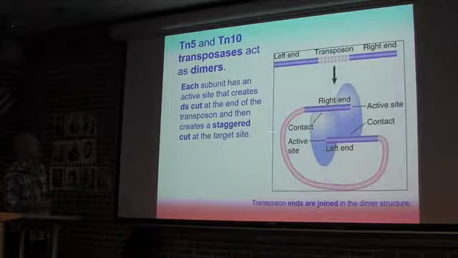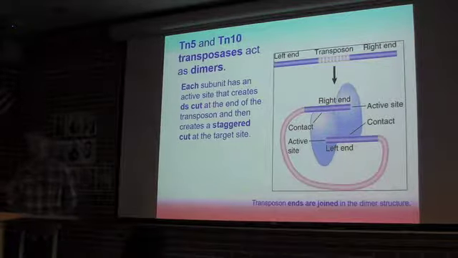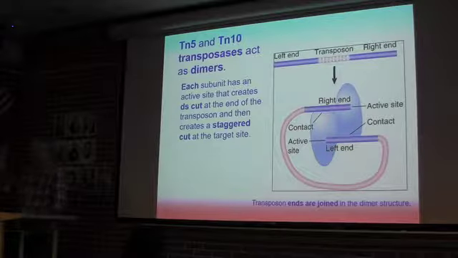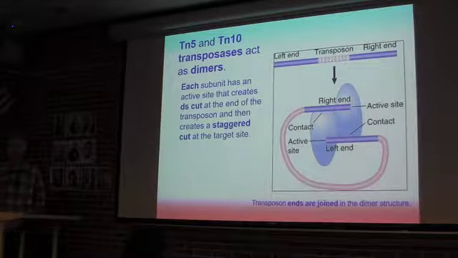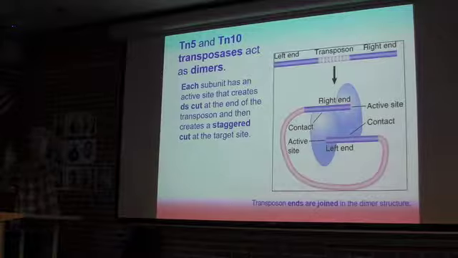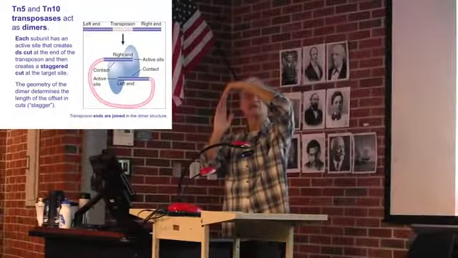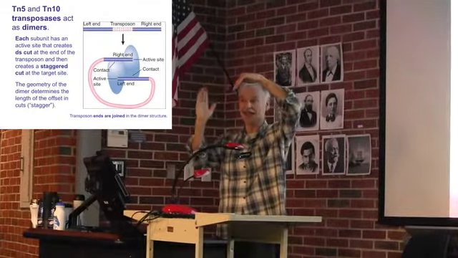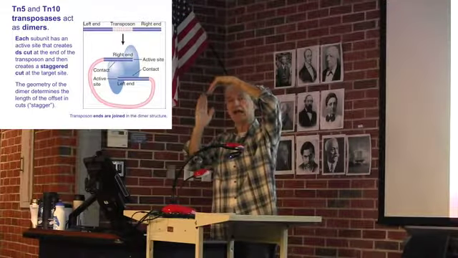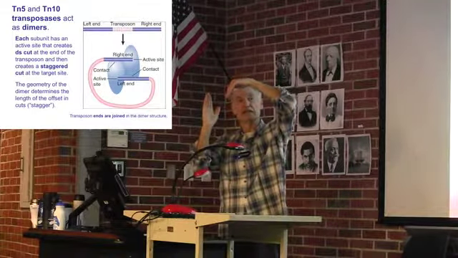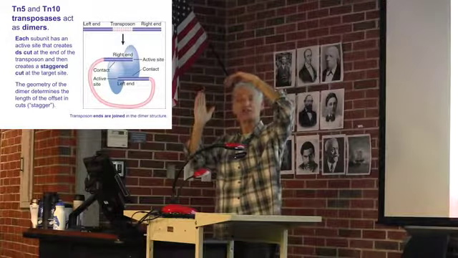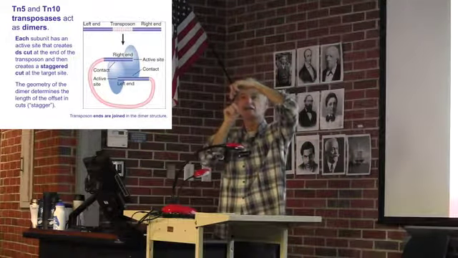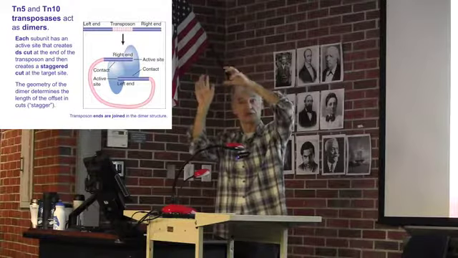This is more detail on the transposase itself, and this has relevance because this explains why the cut is staggered. It's because the transposase has two subunits, each able to cut. They can't occupy the same space, so they cut at different sites because there are two subunits.